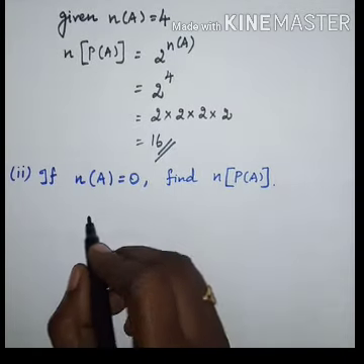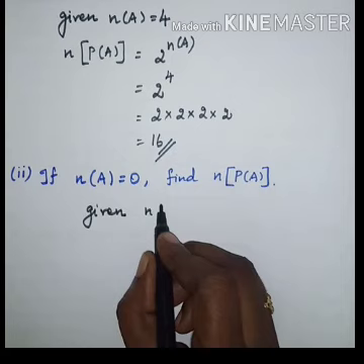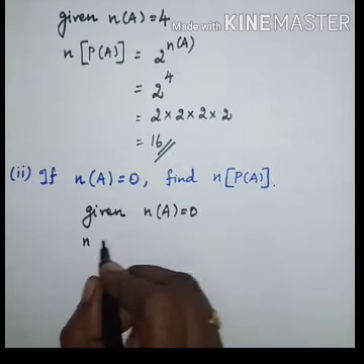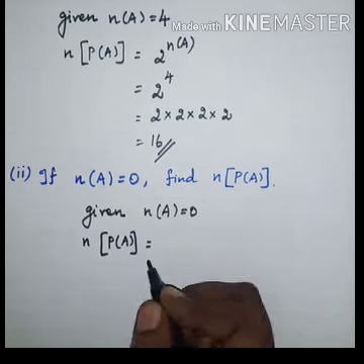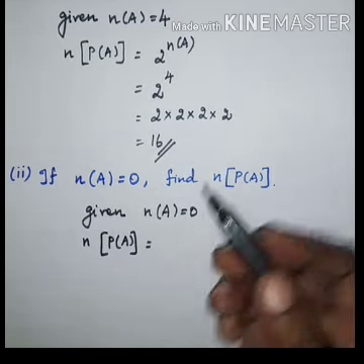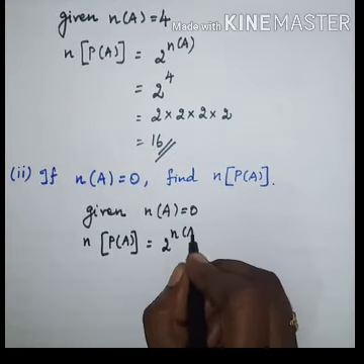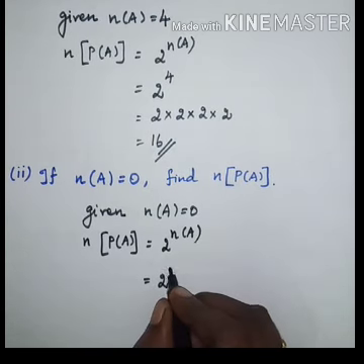Given n(A) is equal to 0. We have to find n(P(A)). Just now we saw the formula to find n(P(A)), which is 2 power n(A). Here n(A) is 0.